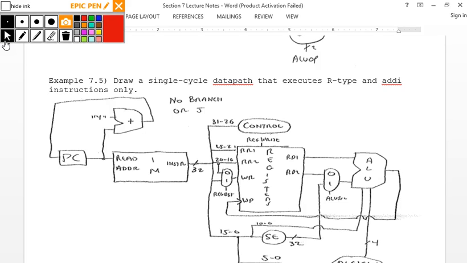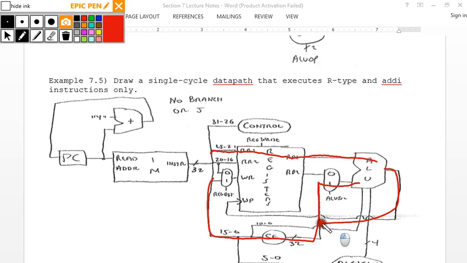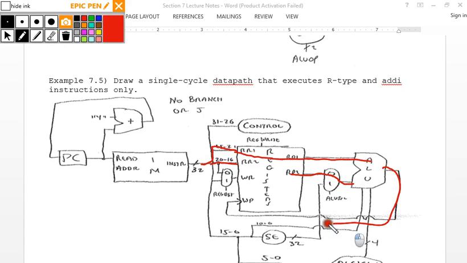Here we have 15 to 0. So first we have to sign extend because we're doing addition. So if we're doing add I, what we're going to be using is this part here to add, and then this value. So that add I comes around and goes into write data. If we're doing this for R type, we're getting this value and this value, they're coming out and they're writing here as indicated by this instruction. Also for R-type, I have included the shift left logical, which is 10 to 6.